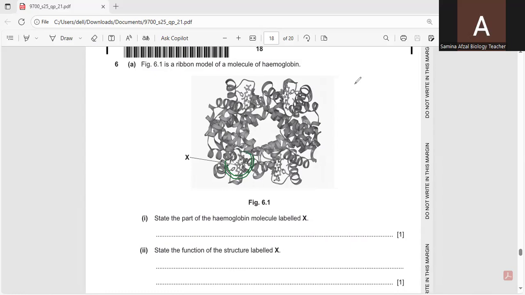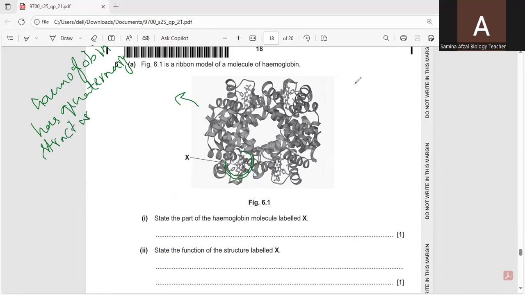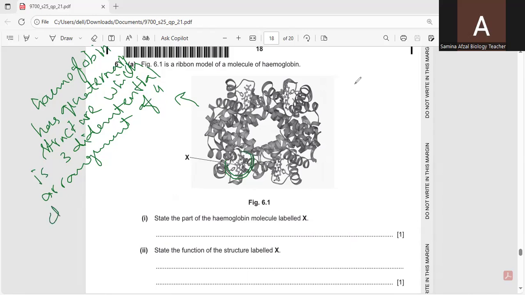According to the structure of hemoglobin, hemoglobin has a quaternary structure, which is meant by, let me explain: a three-dimensional arrangement of 4 chains, 2 alpha and 2 beta.